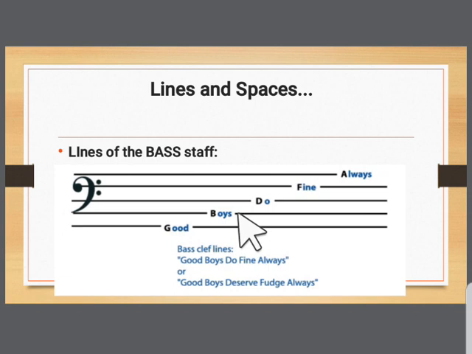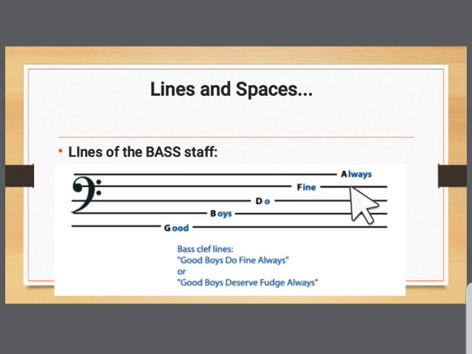Some people also use "Good Boys Deserve Fudge Always," and some others use "Good Boys Deserve Favor Always." As I first said, all serve the same purpose: for you to remember it very easily.